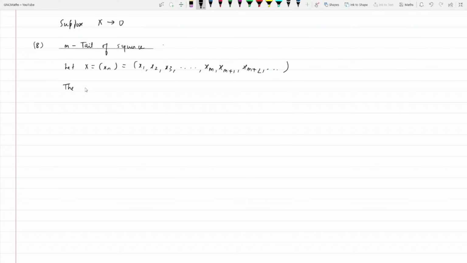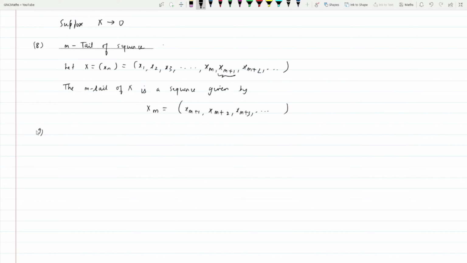The m tail of this sequence is a sequence given by xm, starting right from m plus 1. So we'll have xm plus 1, xm plus 2, xm plus 3 and it goes indefinitely.